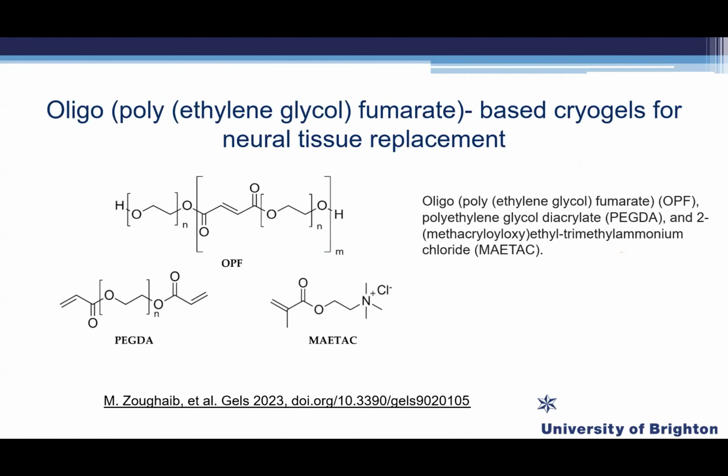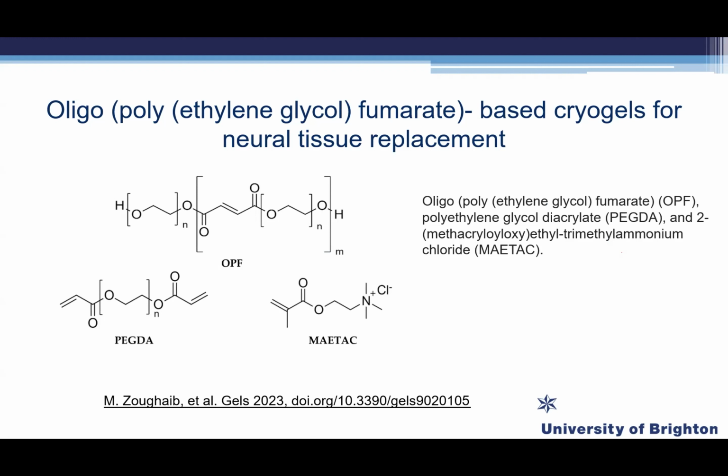In another work, the cryogels have been tested for neural tissue replacement. The materials we were working with were oligo(polyethylene glycol) fumarate and polyethylene glycol diacrylate as a cross-linker, and it was also beneficial to add a little bit of the cationic monomer MyAttack.